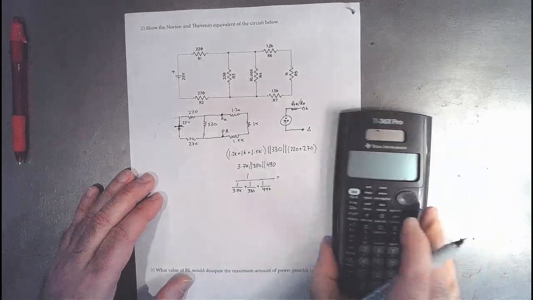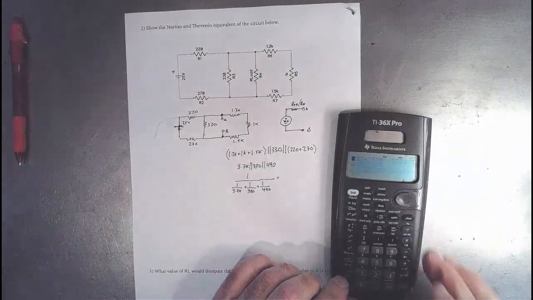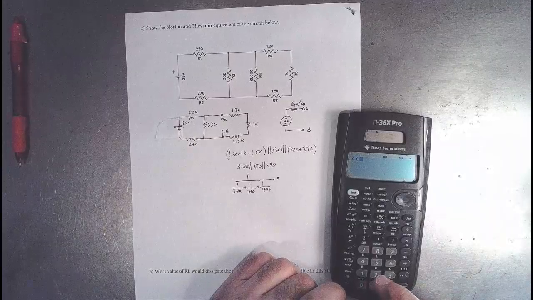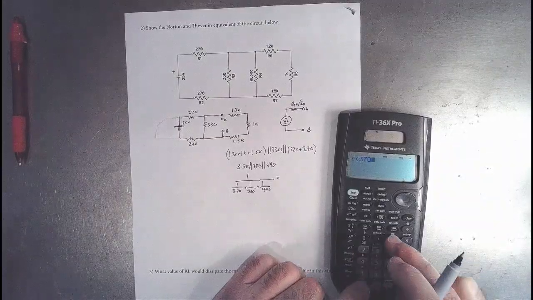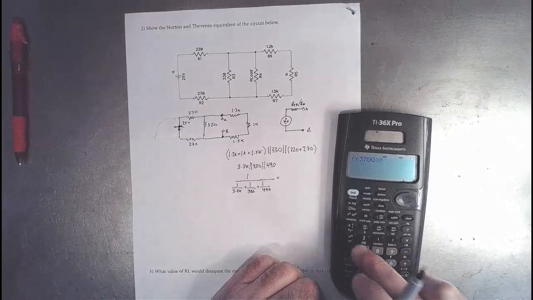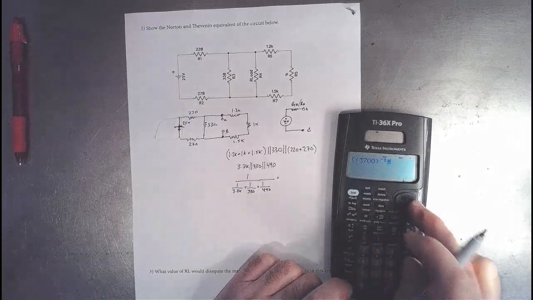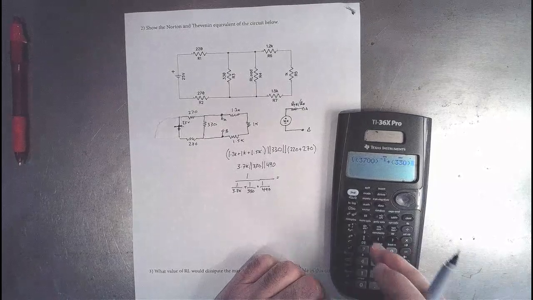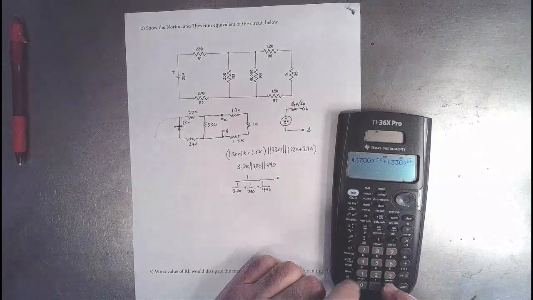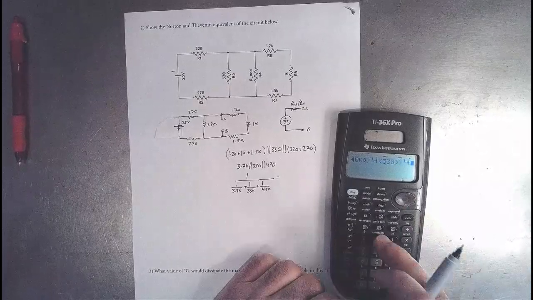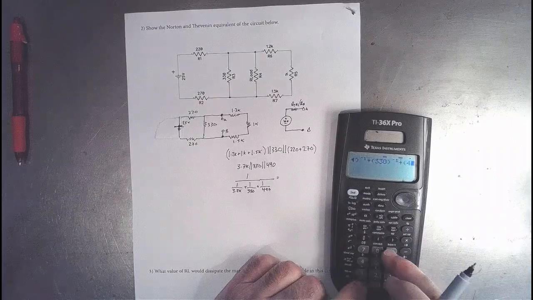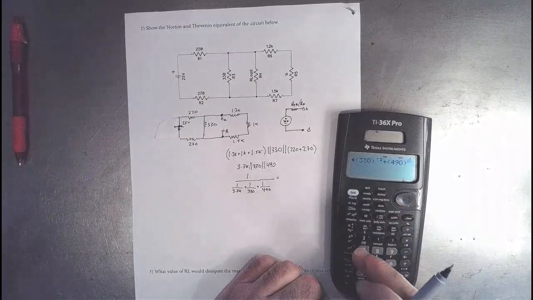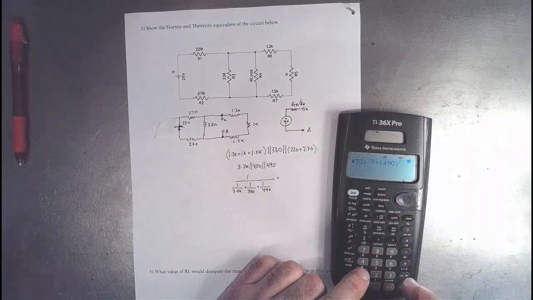Let me punch that into my calculator real quick. So we've got 3,700, and that is all to the minus 1, plus 330, that is also to the minus 1, plus 490, and that's also to the minus 1.